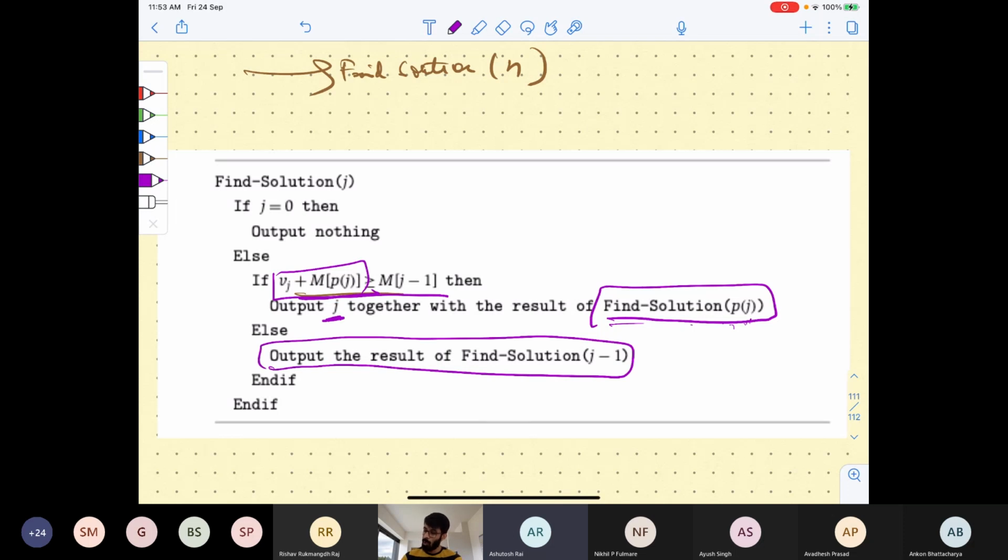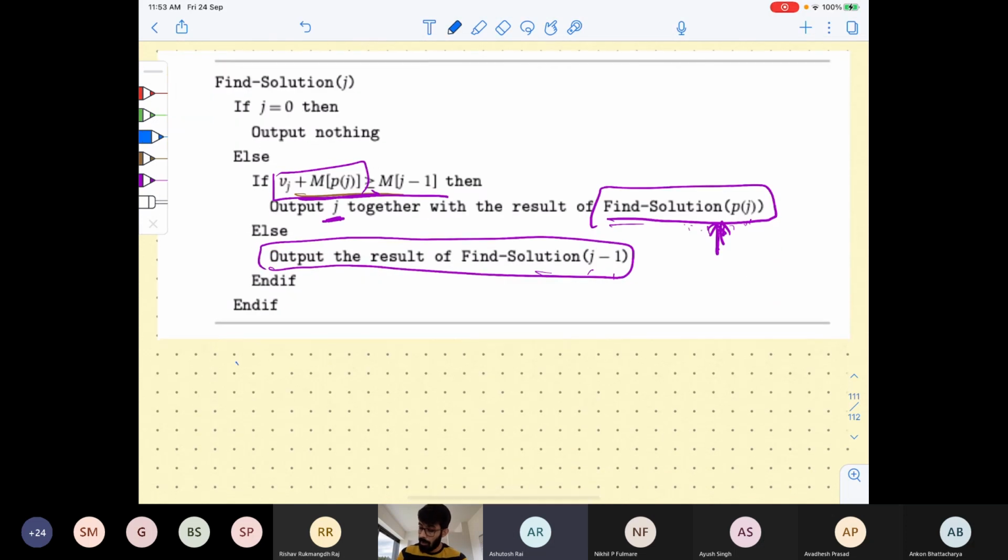Actually, here we don't even need to store that. There is only one recursive call, there are no two recursive calls. So we can just call find solution pj, or otherwise find solution j minus 1. There can be at most n recursive calls, because every time the size is decreasing. Every recursive call is on a lesser value.